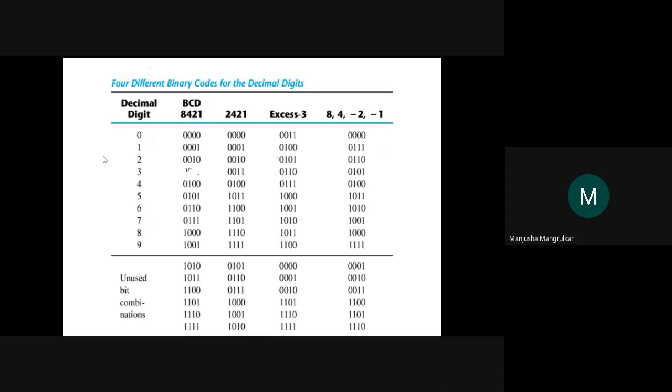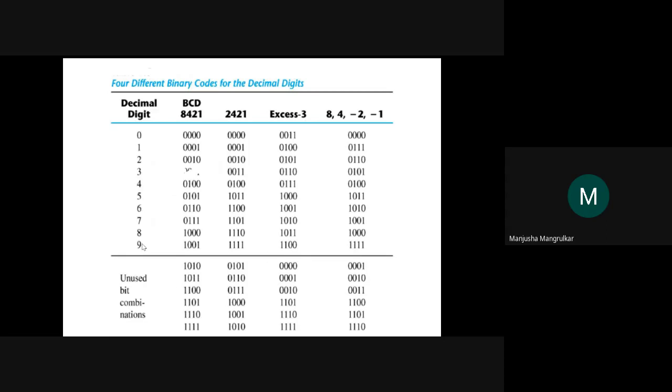So 1 of BCD is 4 in excess 3. So the first 3 codes 0, 1, 2 are omitted. The excess 3 number starts from 3 of BCD to 12 of BCD. So this 1100 is 12.